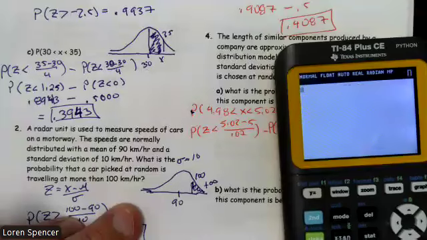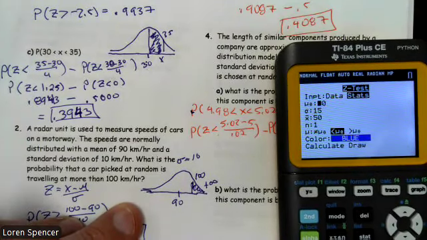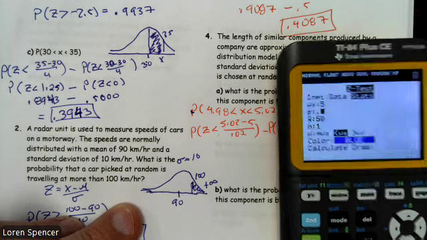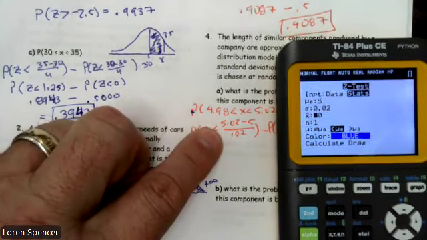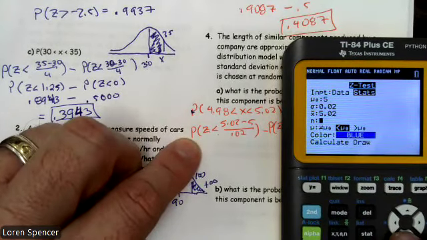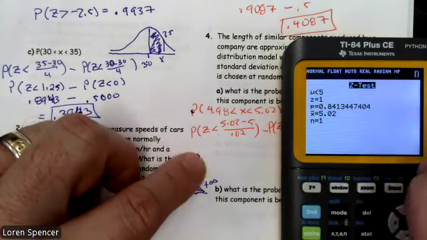So let's calculate that first Z-score. STAT TESTS, Z-Test. Mean of 5, standard deviation 0.02. And then our X is 5.02, n is 1, less than, calculate, and we get 0.84.